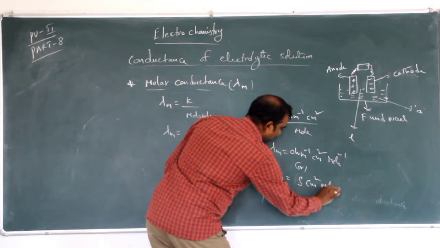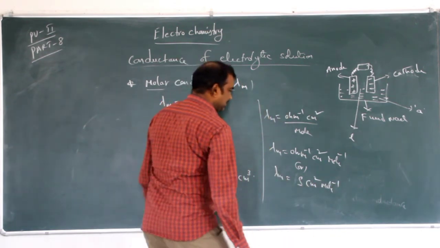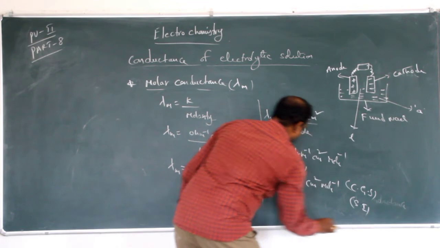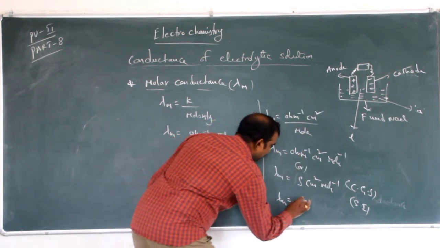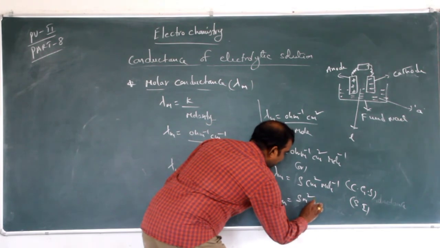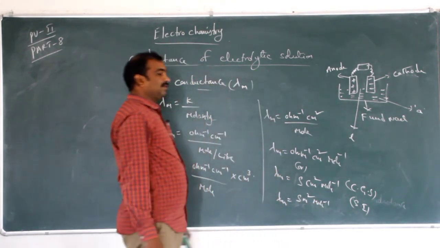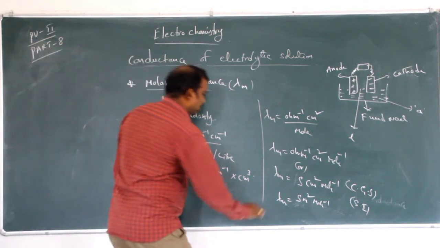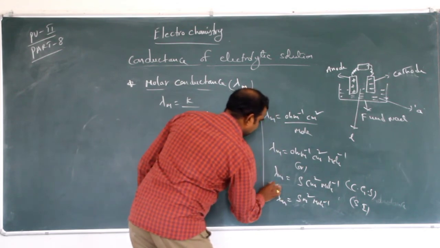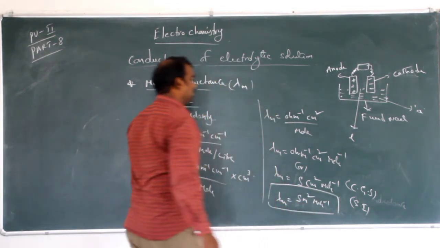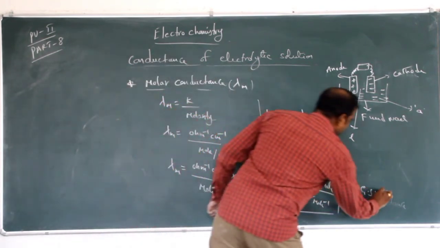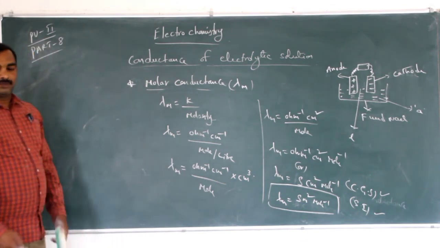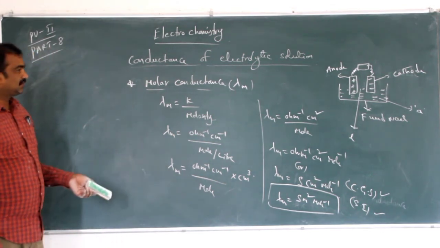Centimeter square mole inverse in CGS. In SI units, you can take lambda m as Siemens meter square mole inverse. So this is molar conductance, with units in CGS and SI. For notes, take a screenshot.